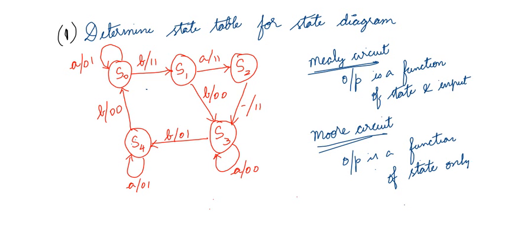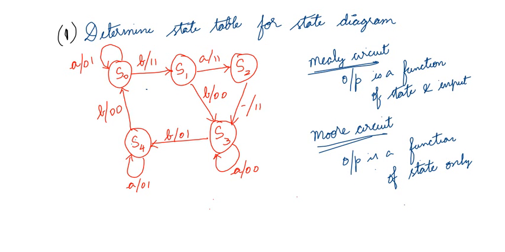If you see here, the convention followed is: S0, S1, S2, S3, S4 are the states. Before the slash we have B, that is the input. After the slash we have the output. So B is the input, 1 1 is the output. Similarly, A is the input, 1 1 is the output.